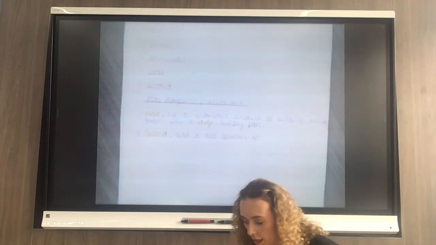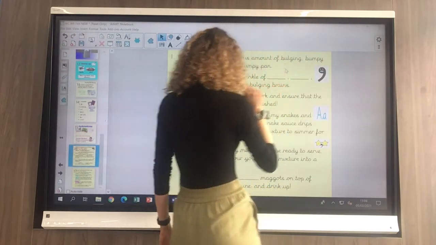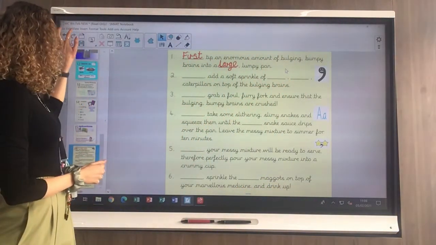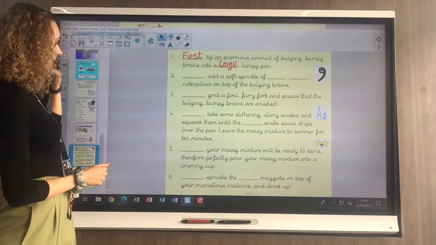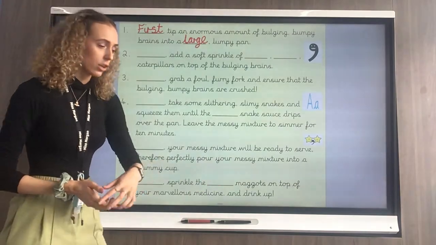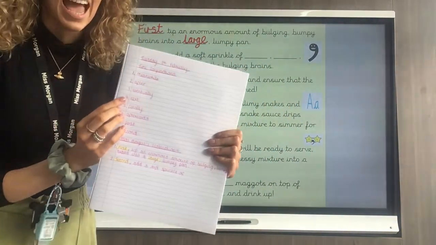Okay, and just before you start your work, Year 3, I want to ask you, what would you put for your last time conjunction? Can you see that we have our time conjunction missing there? Think back to your words in your book. Would you use next at the end?